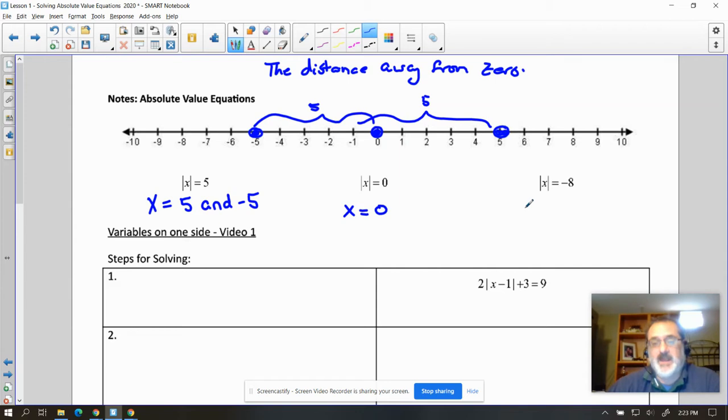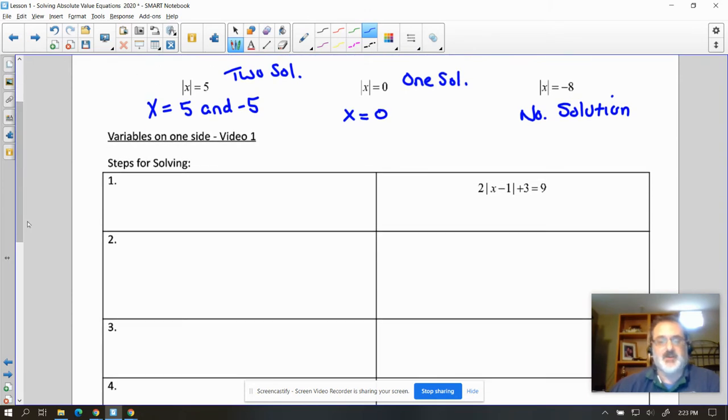So we have ourselves no solution here. So we have an example of two solutions, one solution, and no solutions.